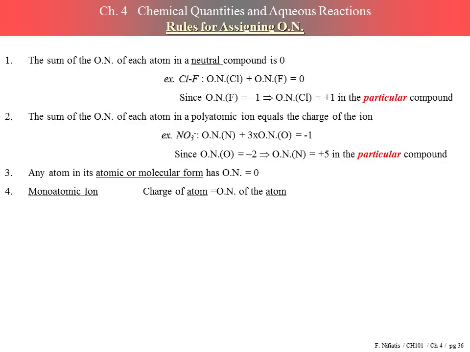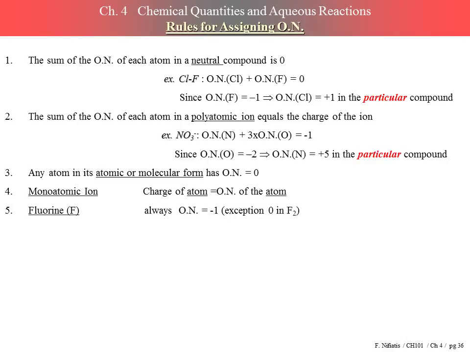When you have a monoatomic ion, then the charge is equal to the oxidation number. What does it mean? When we have sodium +1, then the oxidation number is equal to the charge. The charge is +1, the oxidation number is +1. When you have oxygen -2, then the oxidation number is -2, the same as the charge.